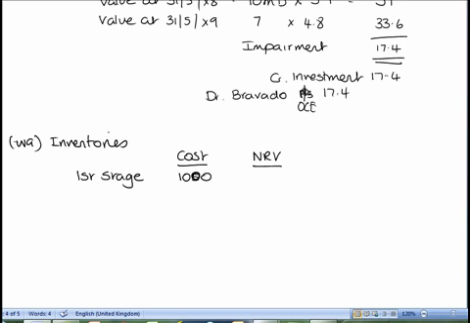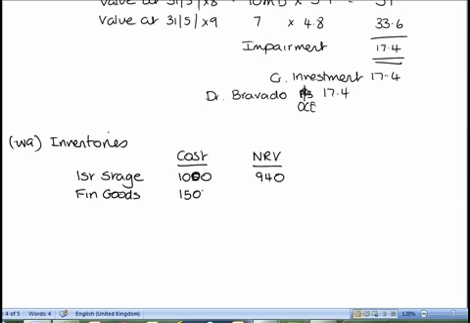We were selling them for 1,050, but we've had to reduce the selling price to 950. And we've got selling costs of $10 per unit. So therefore the NRV is 940.